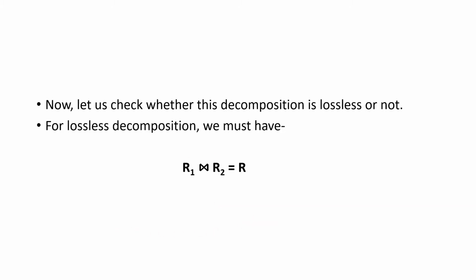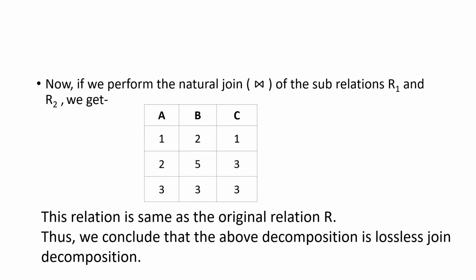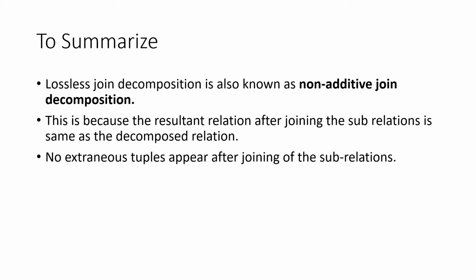Now let us check whether the decomposition is lossless or not. For lossless decomposition, we must have R1 join R2 equal to R. If we perform the natural join of the sub-relations R1 and R2, we get this. This is the original relation. So we conclude that the above decomposition is lossless join decomposition.